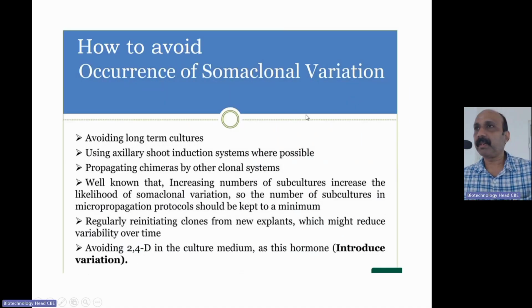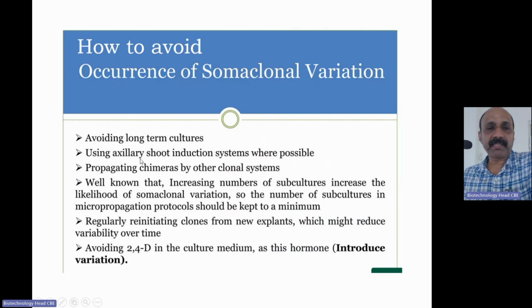So for the avoidance of somaclonal variation, avoid long-term cultures or repeated subculture. Right, maximum we can go for 5 or 10 subcultures, not more than 1 or 2 years. If it is more than 1 or 2 years, then lots of variations will be introduced in those cultures.